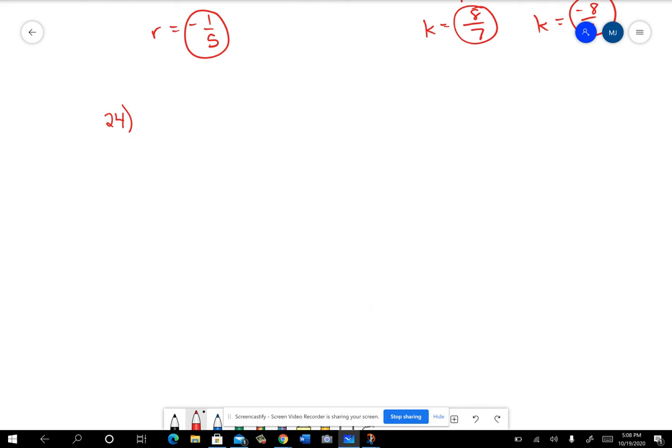So number 24, this one said to simplify. So 24 just is a fraction that needs to be written in lowest terms is what it says. That just means simplify. And then 25, it says multiply or divide and write the answer in lowest terms.